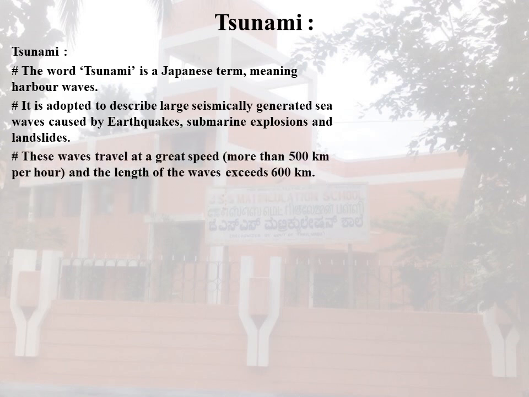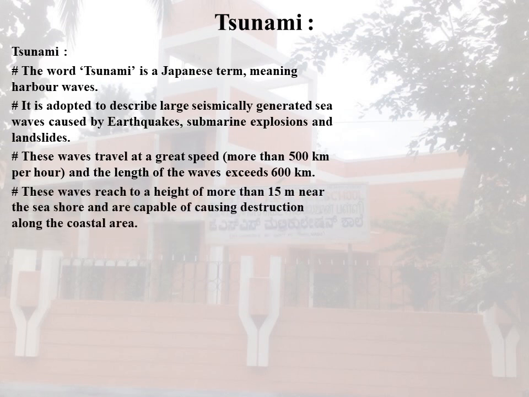These waves travel at a great speed, more than 500 km per hour, and the length of this wave exceeds 600 kilometers. These waves reach a height of more than 50 meters near the seashore and are capable of causing destruction along the coastal area.